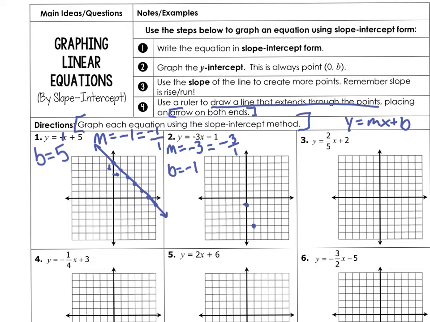It is possible to find points by working backwards. And it's simple enough. Here's what you do. If you want to find points by working backwards, by going to the left, you just have to flip the sign on the numerator and on the denominator. So that negative turns positive, and this +1 turns into a -1.